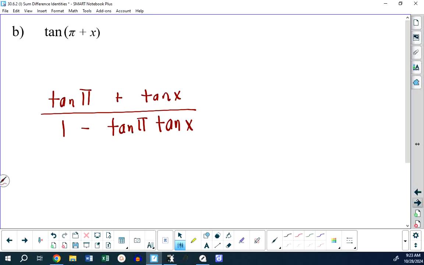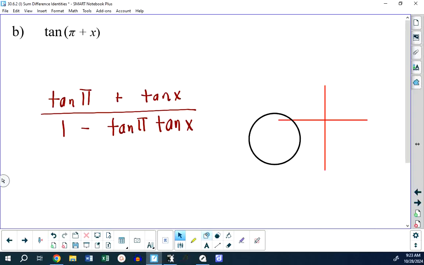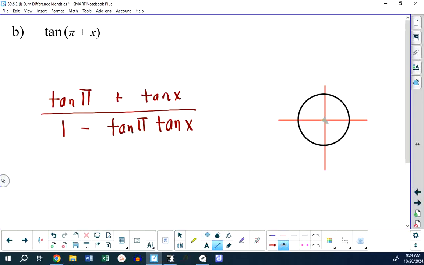The tangent of pi is 0, because on the unit circle the coordinates at pi radians are -1, 0, and tangent is y over x, so you get 0 over -1, which is 0.